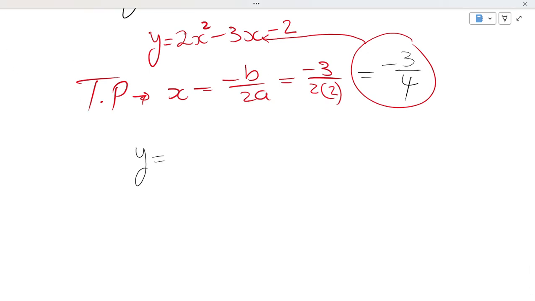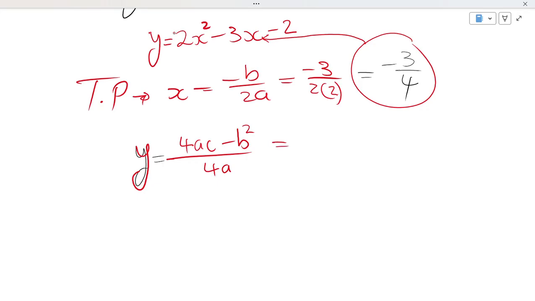So the equation that you're talking about is this one. It says y equals 4ac minus b squared over 4a.